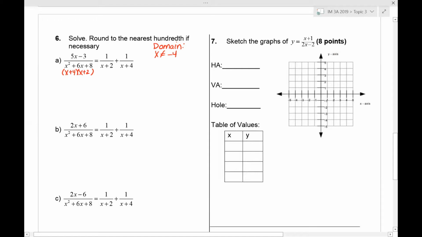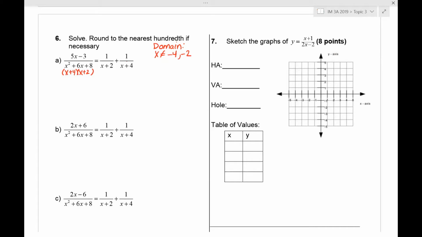And then x plus 2 means that x cannot be negative 2. And so then these denominators are actually the same. And so that means that if I get an answer of negative 4 or negative 2, then I actually have no solution because this problem will create an undefined solution.